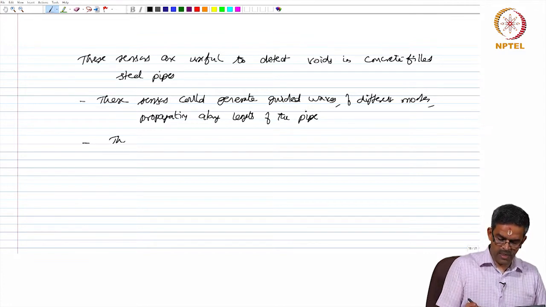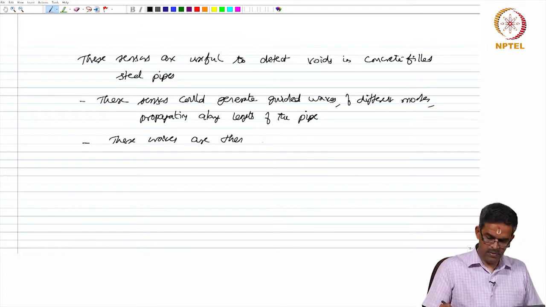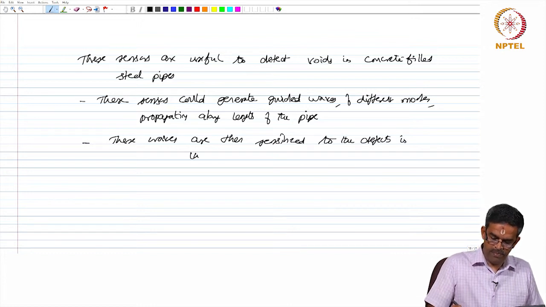These waves are then sensitized to the defects in the pipe and they detect the damage.